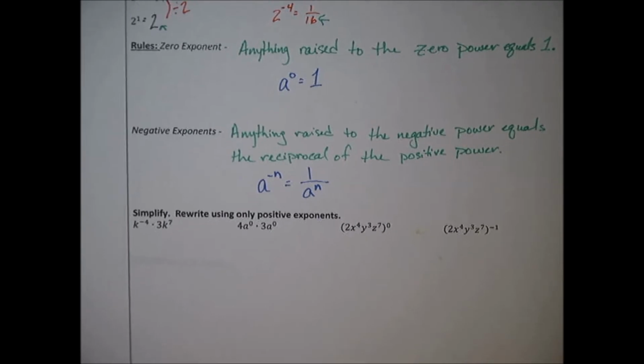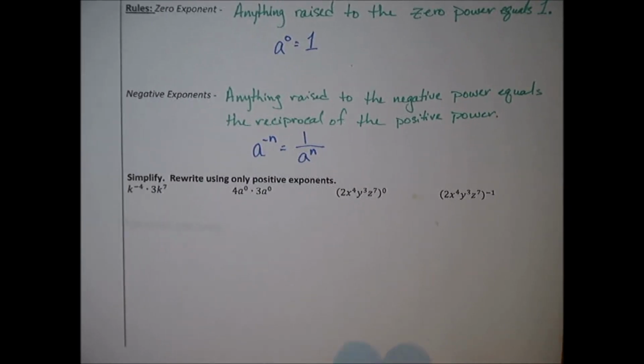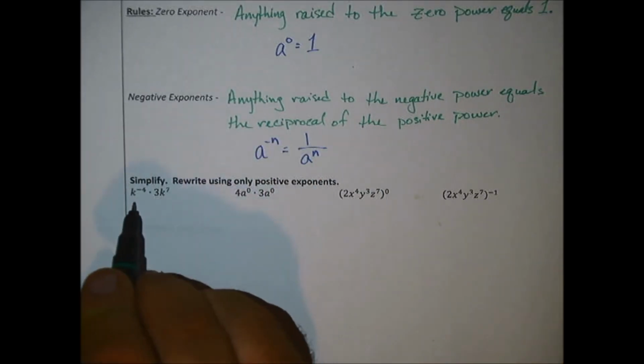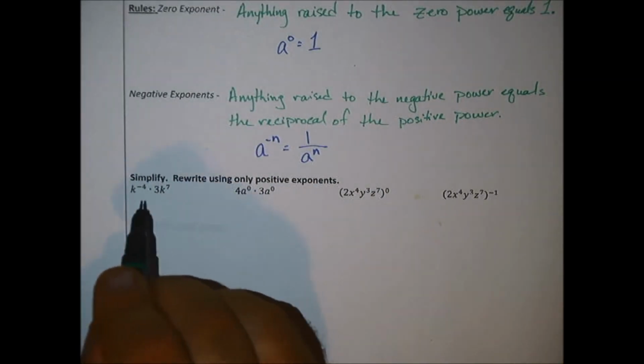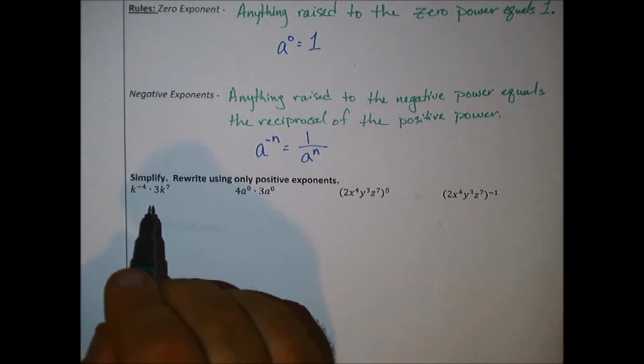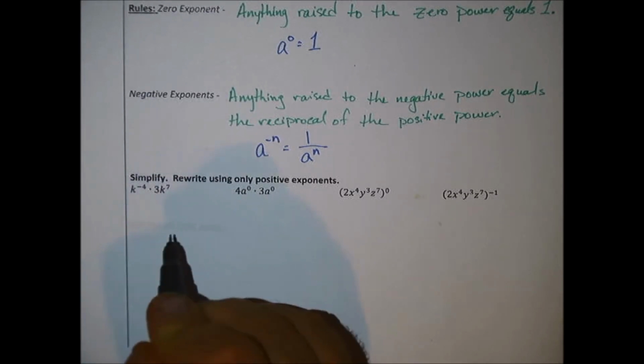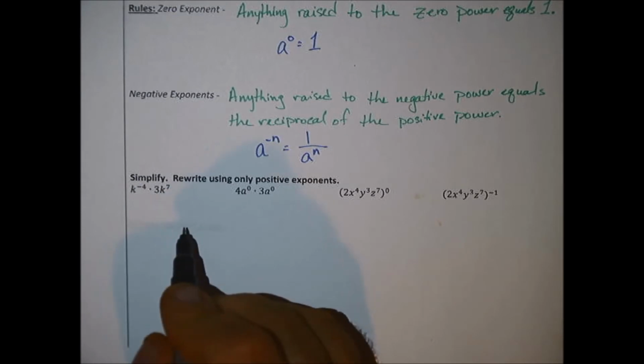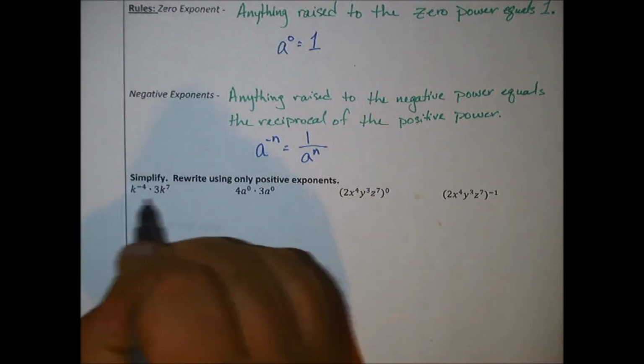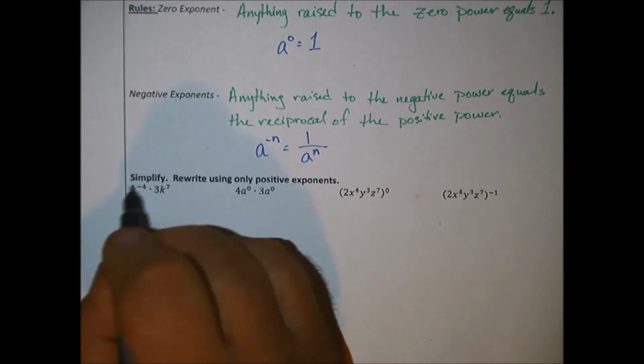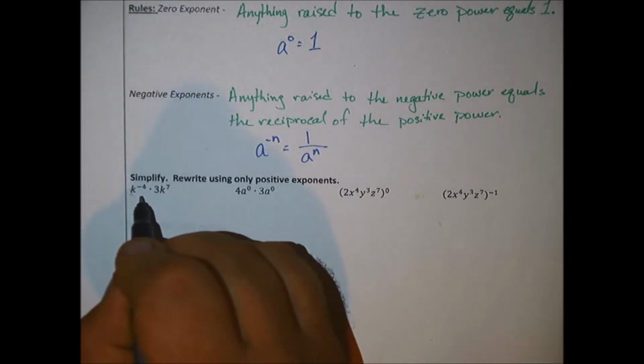Let's go ahead and look at some problems where we're going to simplify using some negative and 0 powers. Let's start with this one. My overall goal here is to write with just one exponent, and that one exponent only being positive. I'm going to start off with this k to the negative 4.